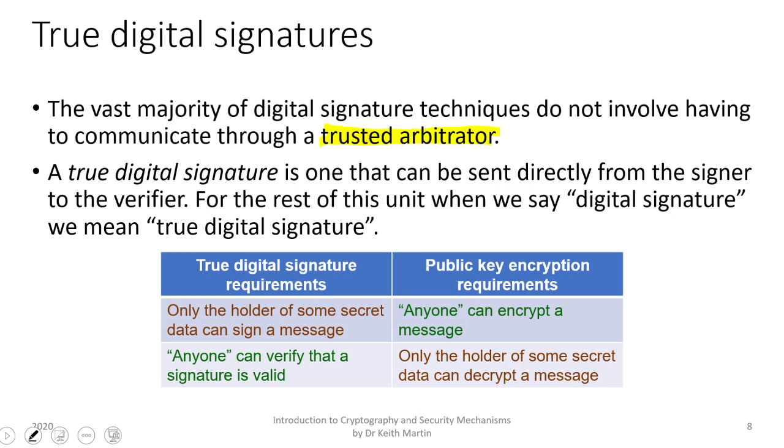So the operations in terms of the secrecy are reversed, whereby in public key encryption anyone can encrypt the message, whereas in true digital signatures, anyone can verify the signature. And when we talk about digital signatures from here onwards, we are essentially going to talk about true digital signatures.